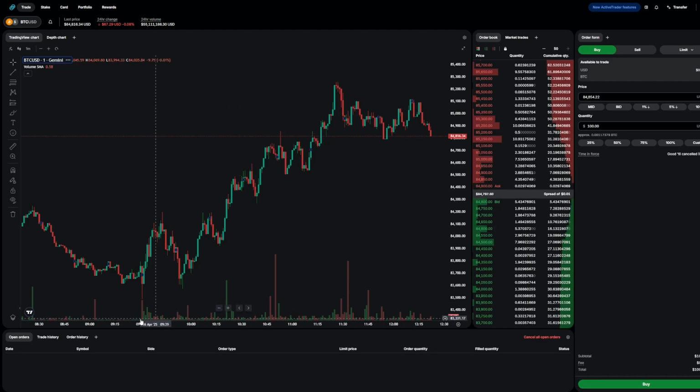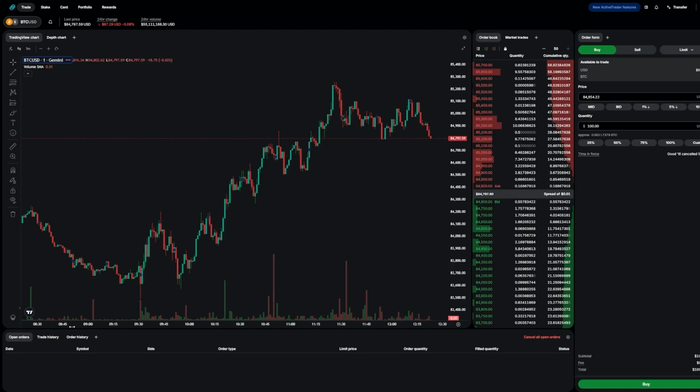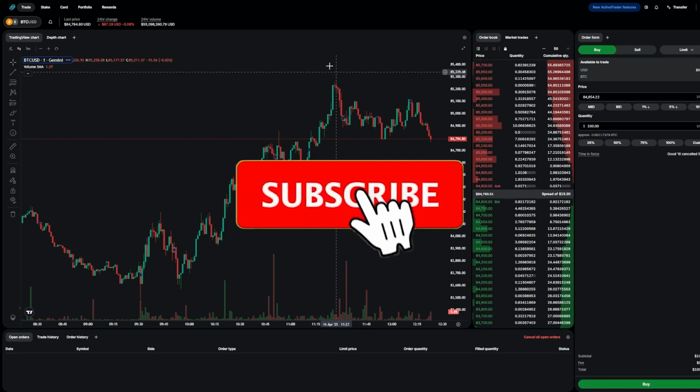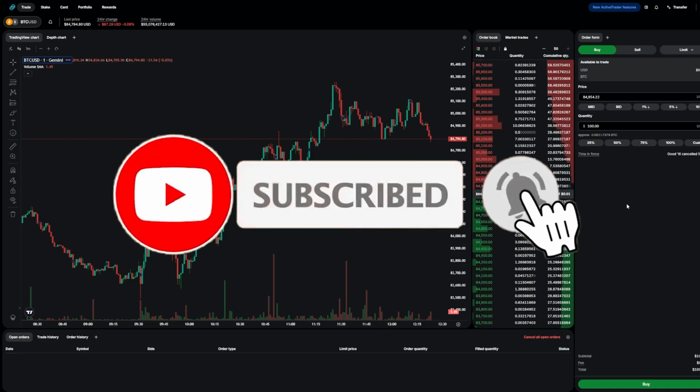And then, of course, at the bottom over here, you have your open orders, you have your trading history, and then you have your order history. So if you want to see any kind of past assets or orders or trades, you can view all of that from this little bottom left section over here on your screen. And after that, that's really all there is to this Gemini active trader platform, or this Gemini advanced platform.